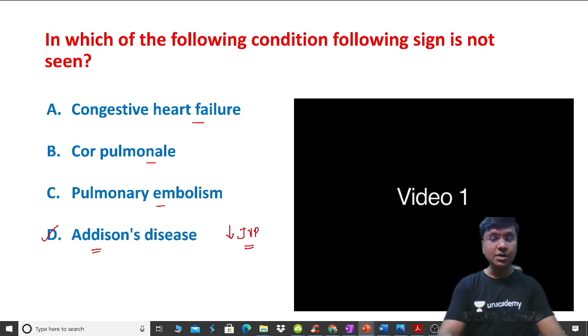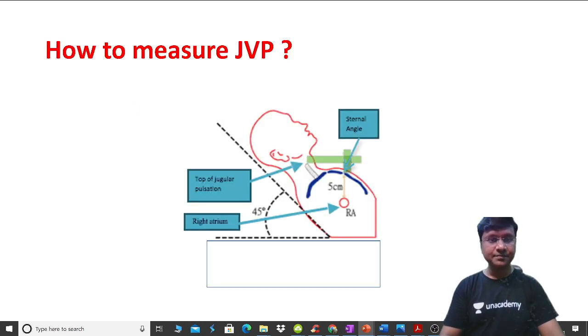Now, let me tell you how to measure the JVP. This is a very important examination point in your practicals. Yes, you require two scales for measuring the JVP. One scale is placed over the sternal angle, and the scale which you are placing over the sternal angle is exactly 5 centimeters above the right atrium.